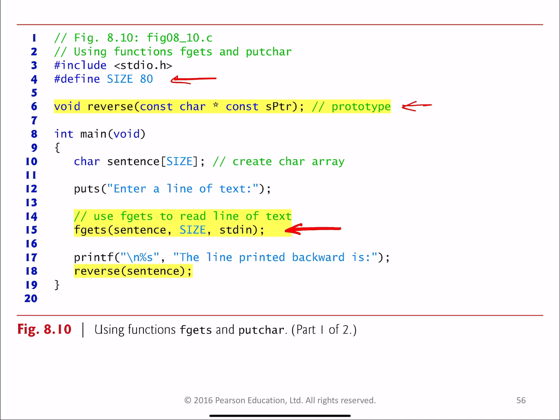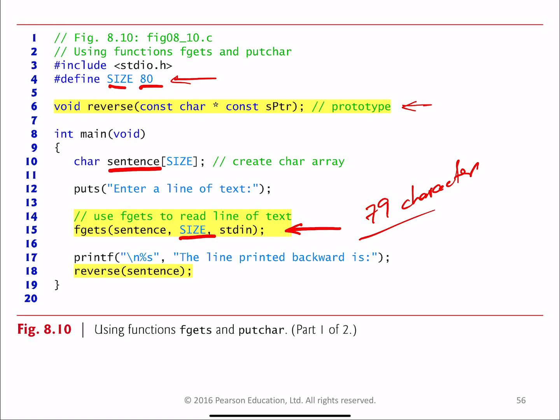And that string is allowed to be, well, the value of SIZE is 80, which means that string is allowed to be 79 characters in size. That string is read into the character array sentence.